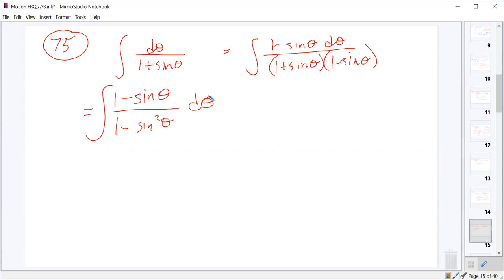Yeah? And what will that do? What's 1 minus sine squared theta? It is cosine squared. And now what do you think we should do?